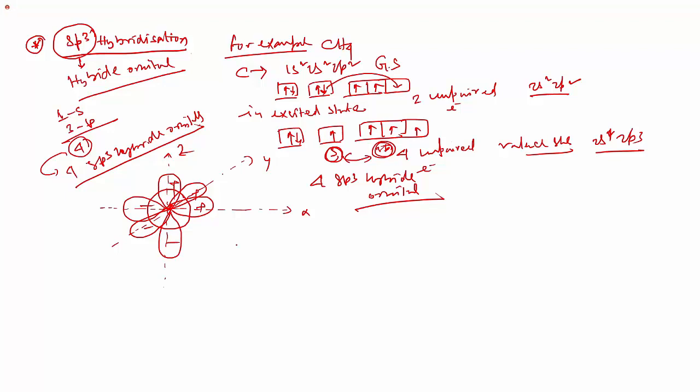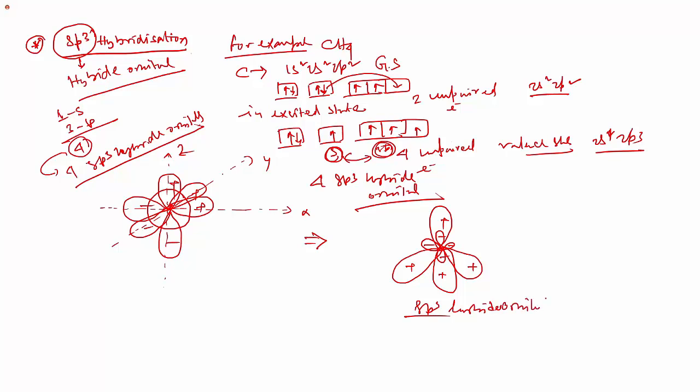Okay, so when they hybridize, they form this type of hybrid orbital, the sp3 hybrid orbitals.